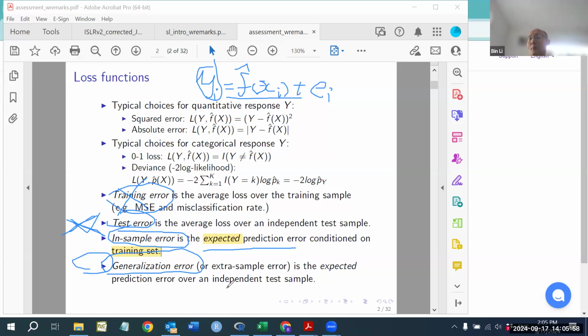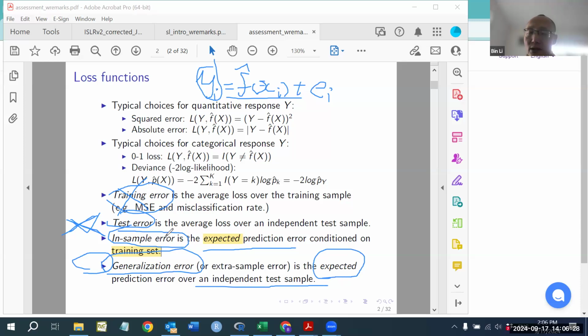So in a more general way. And you may ask, oh, that's not possible for a model to minimize that. That's why the generalization error is the expected prediction error over independent test sets, not the prediction error over one independent test set.